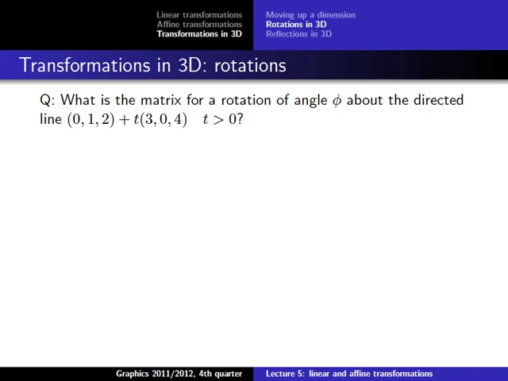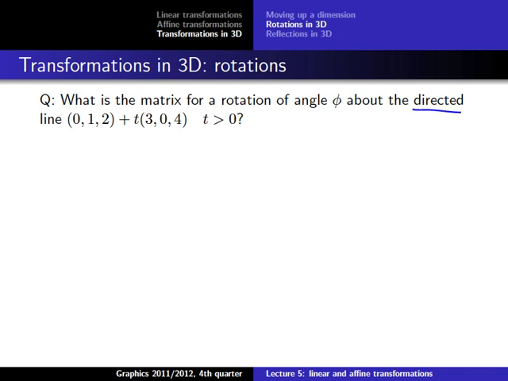Good. So now, of course, the more interesting case is how can we rotate an object or a vector at a certain angle around a random line or a random vector. So the directed line means that we're looking at the vector around which we are rotating, and that of course for the rotation itself doesn't make a difference.